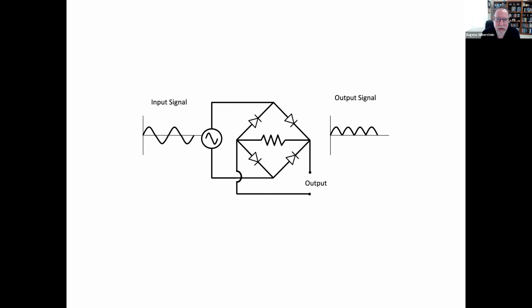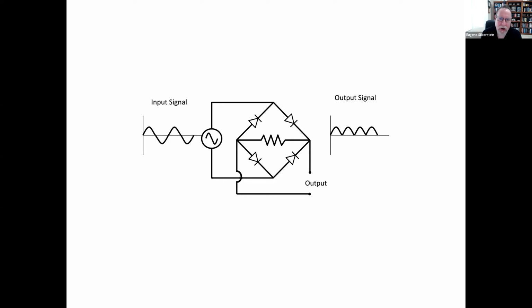And even this circuit, all right, it has an AC power supply, it has an output resistor, but it has 4 diodes in it. And at the level that I'm teaching my students, I try not to get into semiconductors and P material and N-type material and how a diode functions.